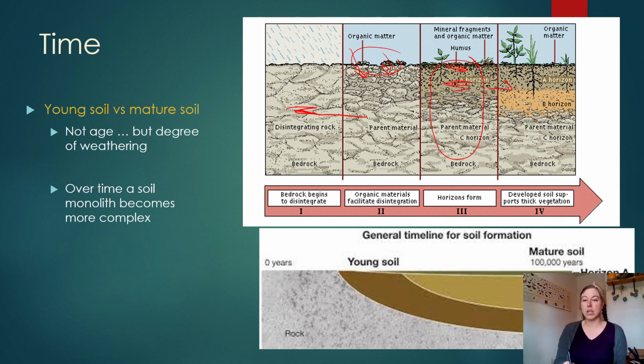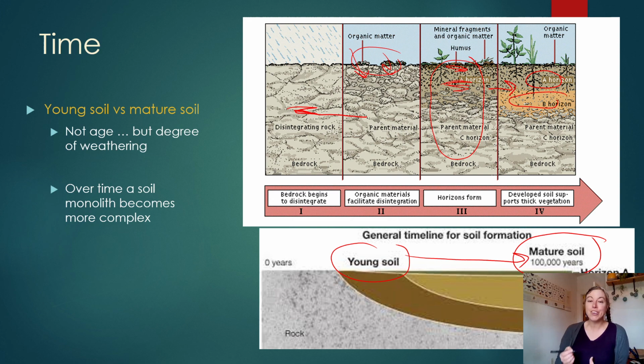And then the longer it takes, you start to see horizons of different kinds of mineral soil. Plant roots are getting deeper, there is less rock underneath. That just takes time, right? So going from a young soil to a mature soil can sometimes take hundreds of thousands of years to break down all of those rocks.